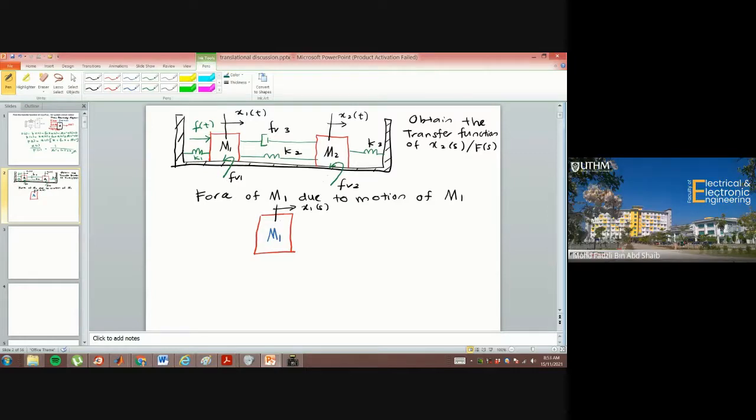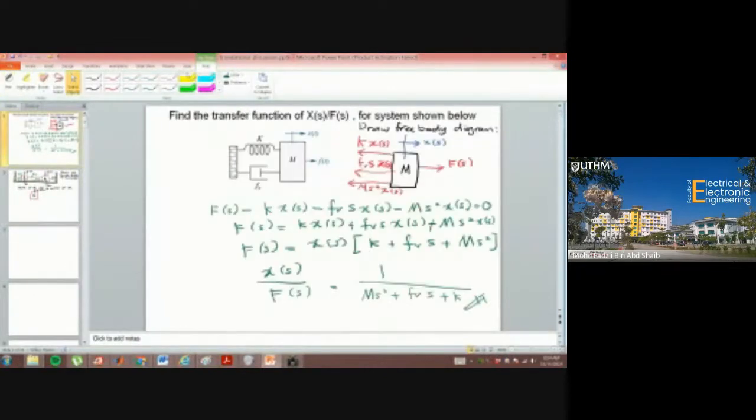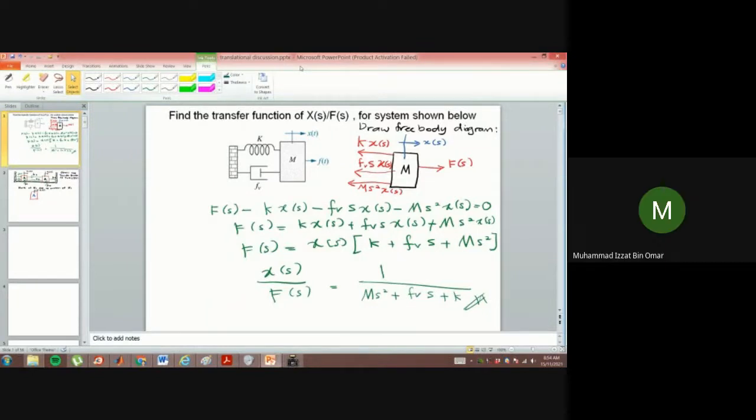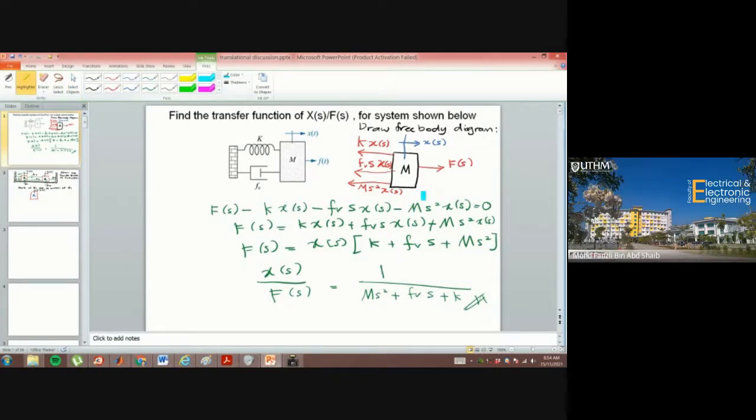Actually it's like this. M1 also is a force, because if we want to draw the diagram, can you remember the previous example? M1 times S square is a force also because it has weight.